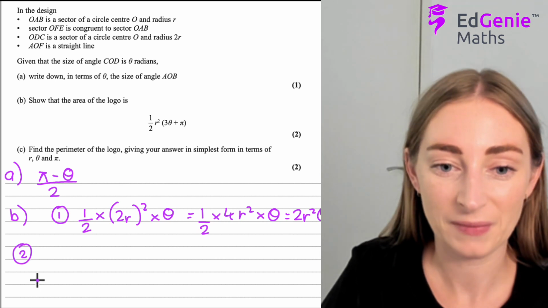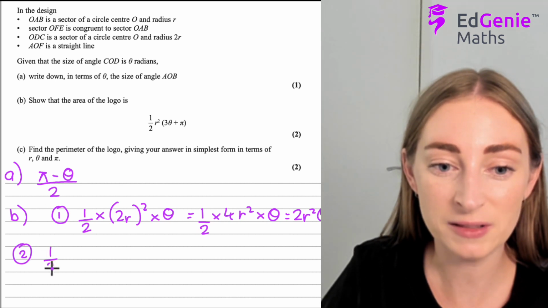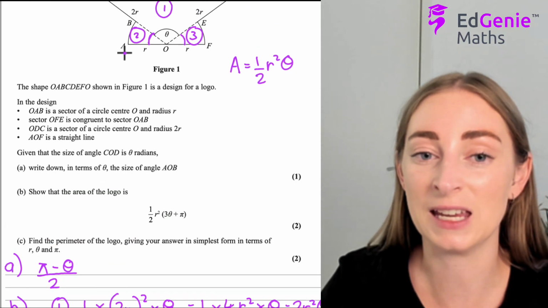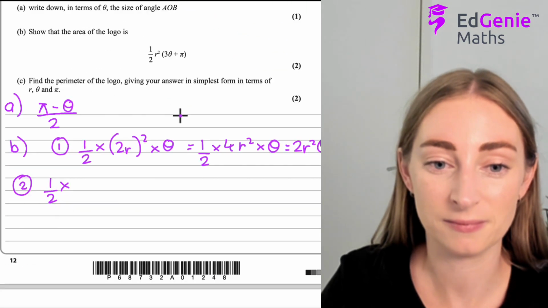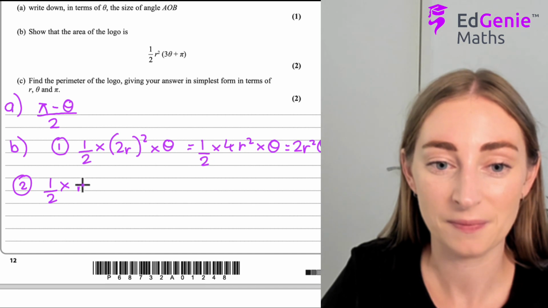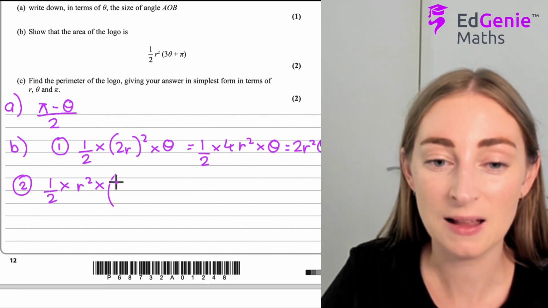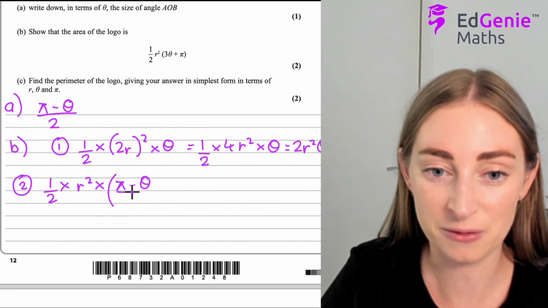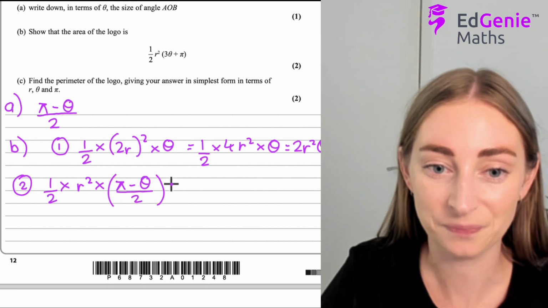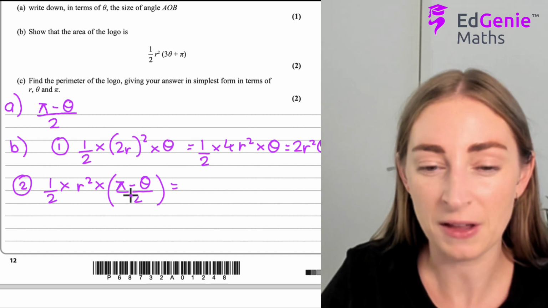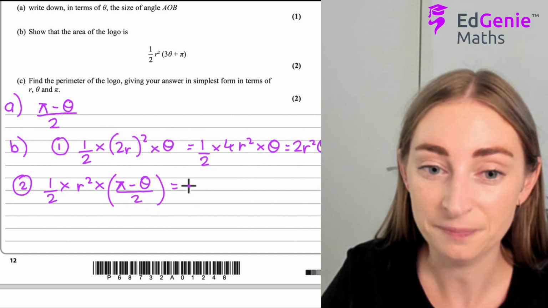Second one, same formula. Half times our radius squared, and our radius here is just r, times the angle, which we worked out to be pi minus theta all over 2. Let's multiply this out a bit. We've got the half and a half, so it's going to be over 4.